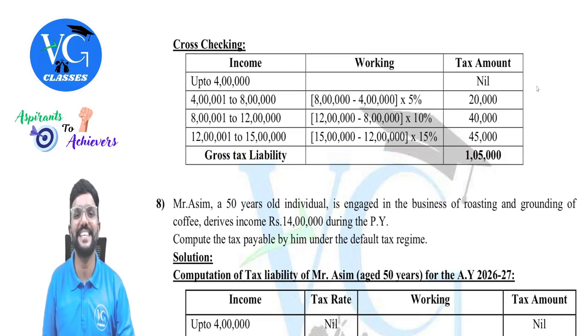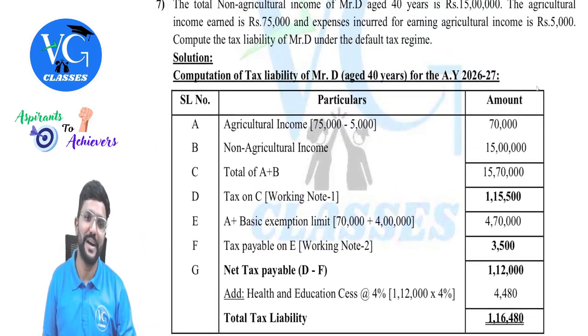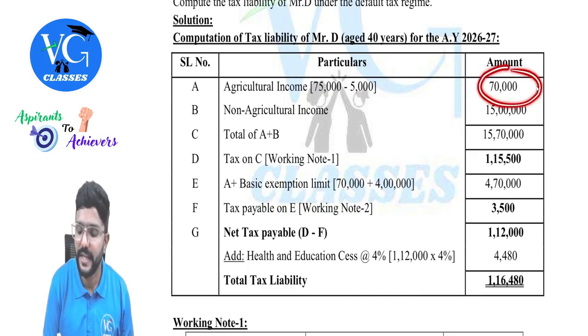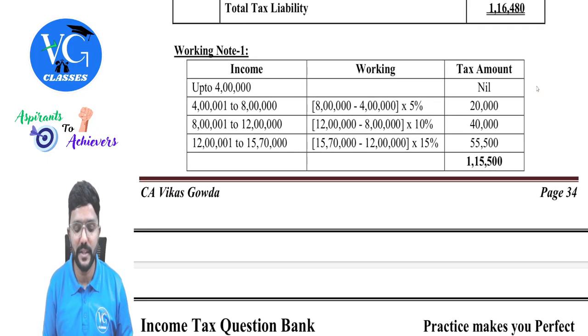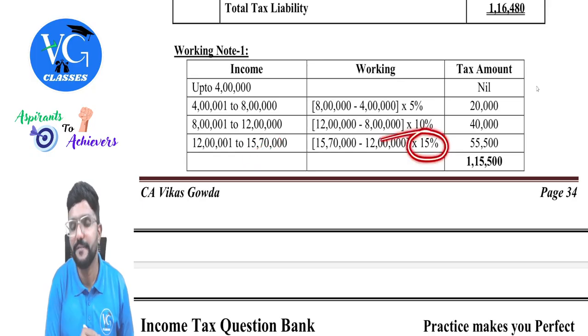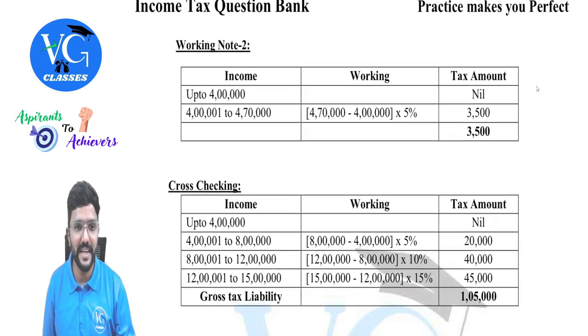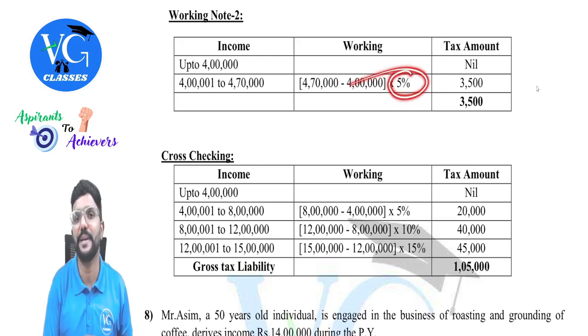So is there an increase in tax liability? Yes. How did the government do it? Through partial integration. Because in this step, 70,000 will get taxed at what rate, guys? It will get taxed at 15%. Clear? Whereas when we are calculating here on 4.70 lakh, this will get taxed only at 5%.